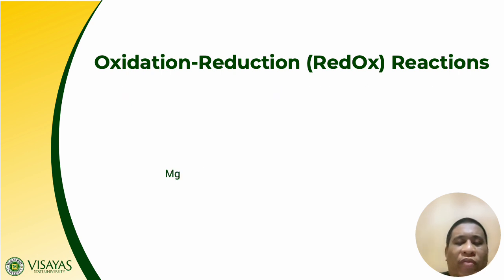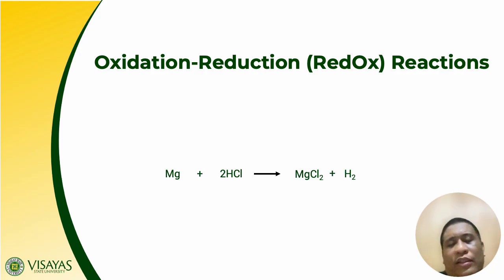Now, let's say we have this actual redox reaction. This is magnesium and hydrochloric acid to form magnesium chloride and hydrogen gas. So this is mainly a single displacement reaction, which is a hydrogen displacement reaction, and this tends to be a redox reaction. Why?